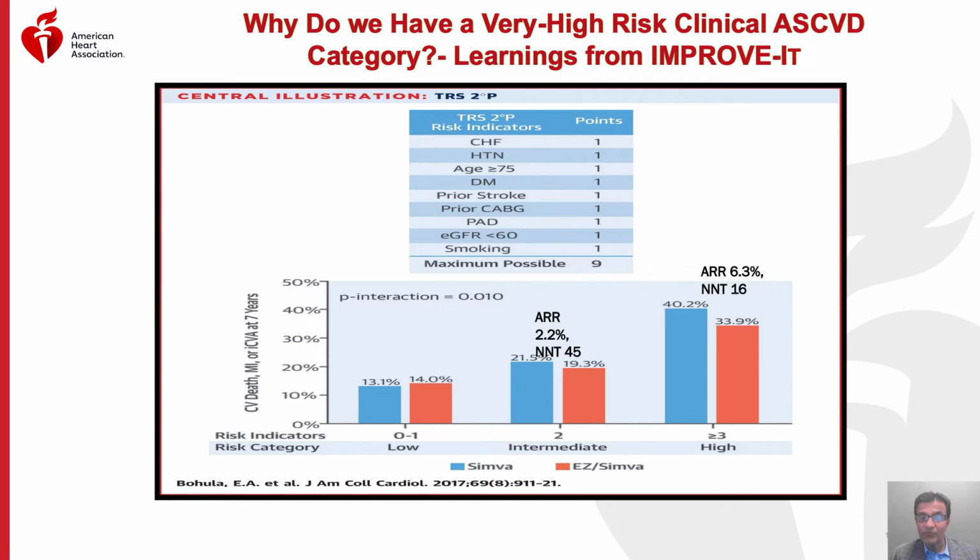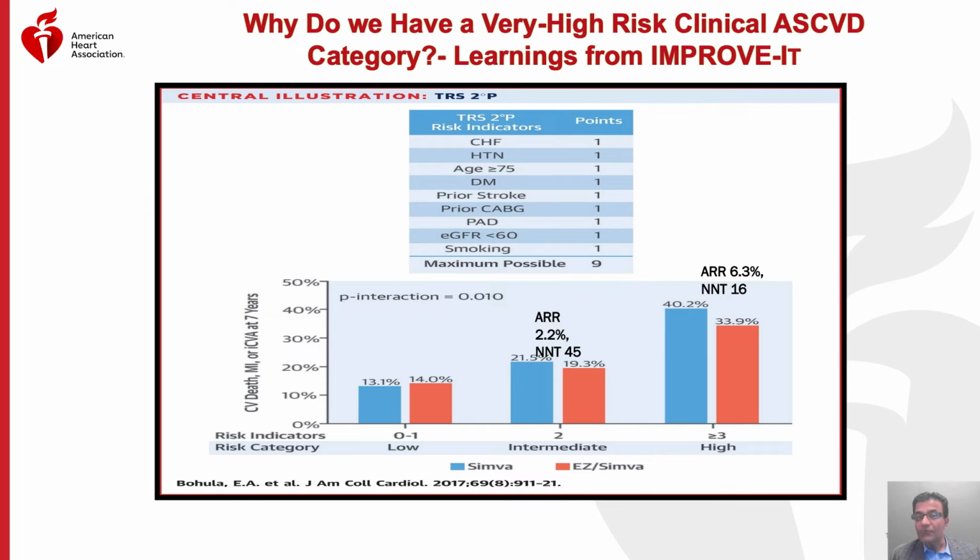So if you just look at those patients who are on statin only, if they had 0 to 1 of these risk markers, their event rates were low. That's not a surprise. Remember, everybody in this trial had acute coronary syndrome to get in. But if you didn't have some of these other risk factors along with ACS, your risk of having an event in the future was low.